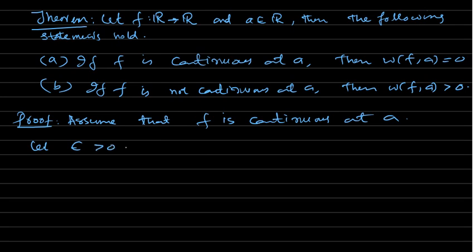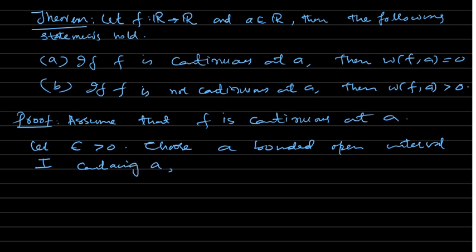Since f is continuous, choose a bounded open interval, say I, containing A such that x belongs to I implies that |f(x) - f(A)| is less than epsilon.